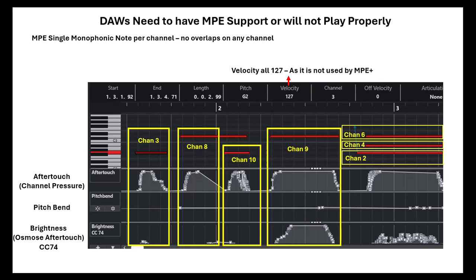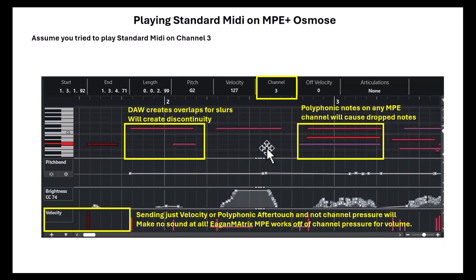Now, if you just happen to try and play back normal MIDI to an MPE device like the Osmose, when you record MIDI in a DAW, if you play a slur, it can overlap the notes on the channel. Now, a lot of plugins can easily support this, but Equator will hiccup if you try and play back this kind of thing on one MIDI channel.